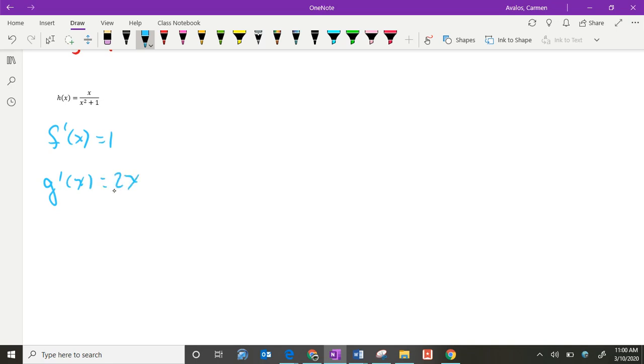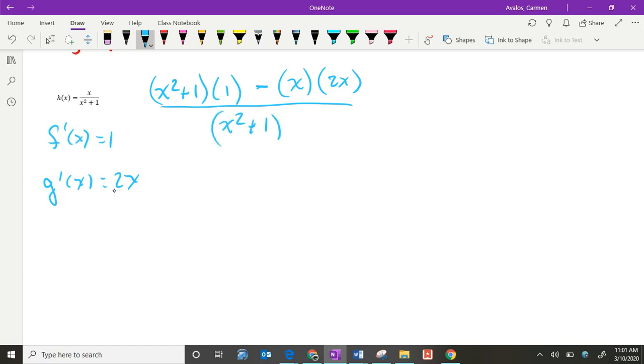So we're going to do the low d high d low, or it's going to be x squared plus 1, the g of x regular, times the derivative of f of x, which is just 1. It's going to be minus, and then we're going to do the x, and then the derivative of that. So it's just going to be 2x over the denominator quantity squared.